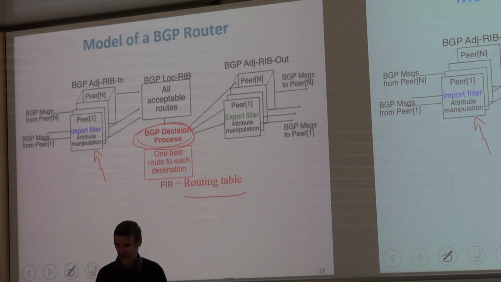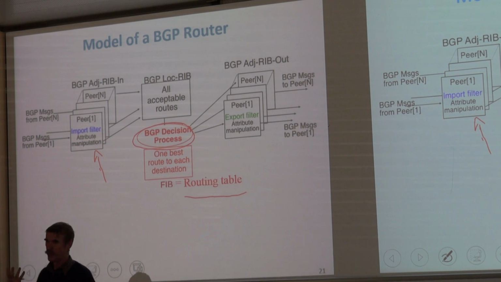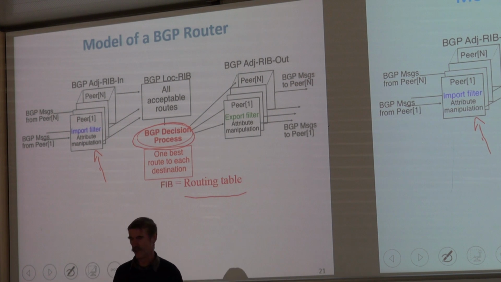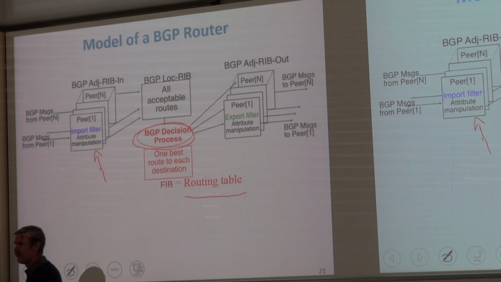Then the BGP router will inform the neighbors of what it has learned. But the important thing to realize is that this information is through the output of the decision process. In particular, a router informs the neighbors of only its best route. Typically, the internet has a huge amount of redundancy.